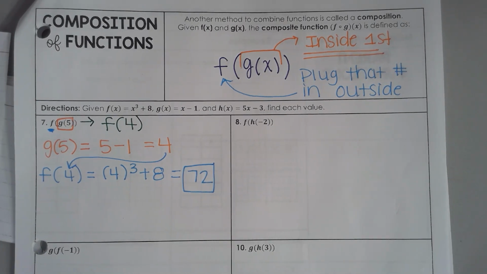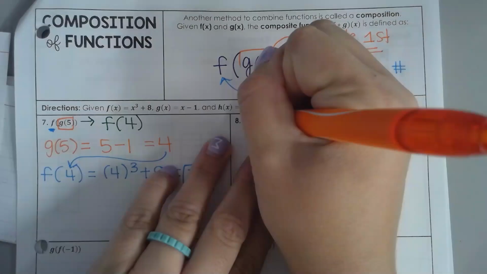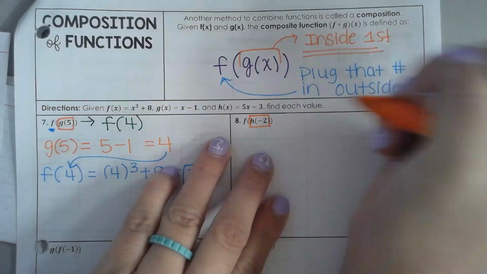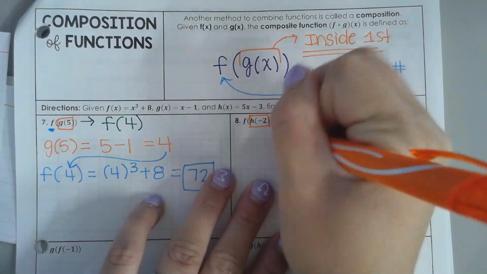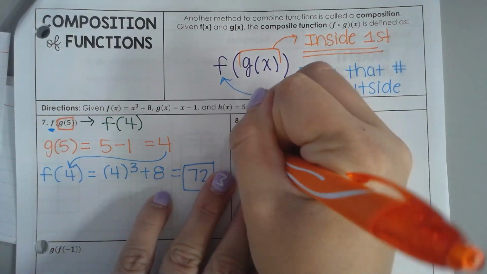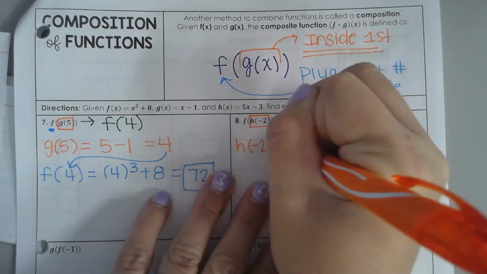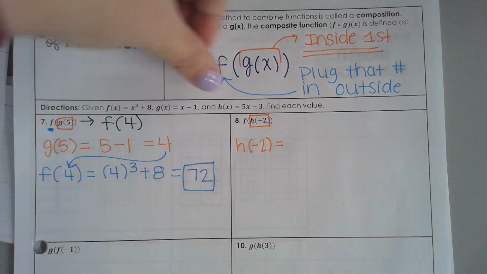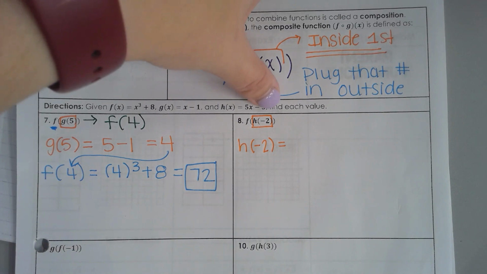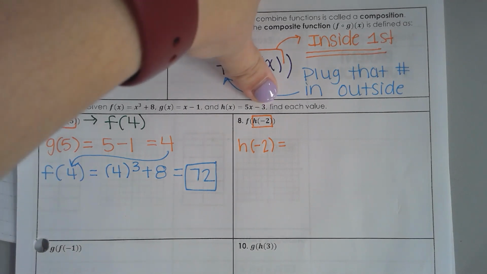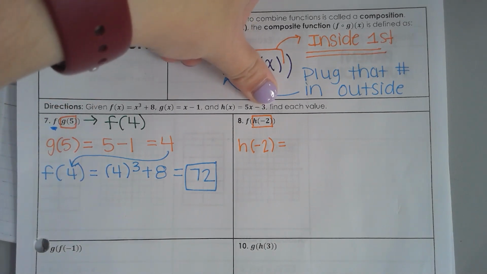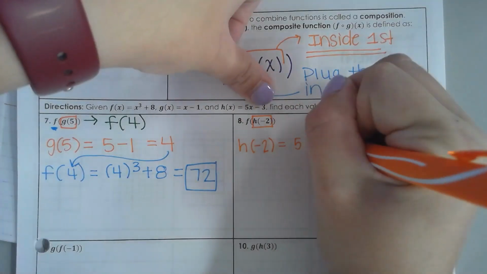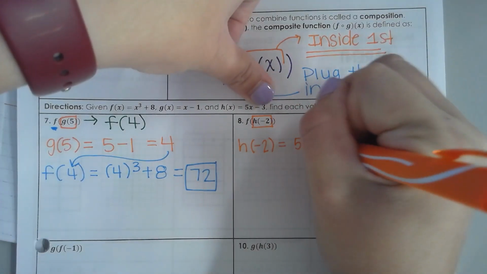Let's go on to number 8. We're going to do the inside first. So inside first, H of negative 2. So here's my H function, the 5x minus 3. I'm going to put a negative 2 in for x. So 5 times negative 2.